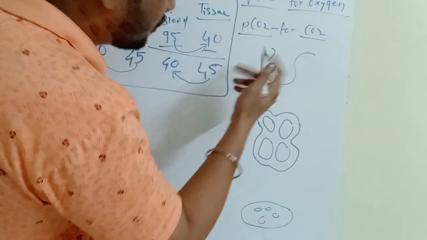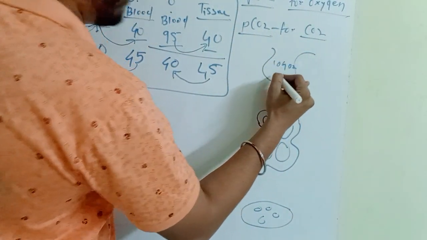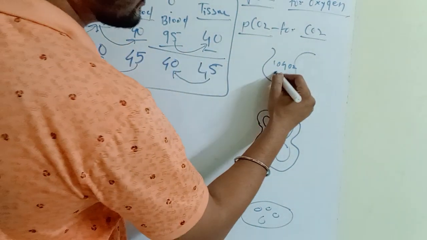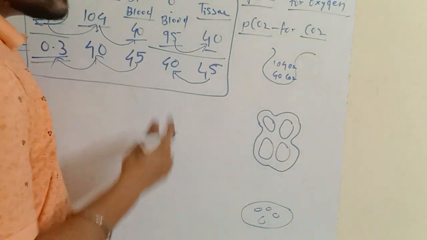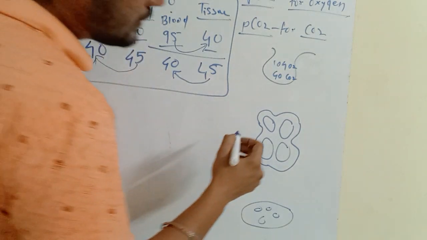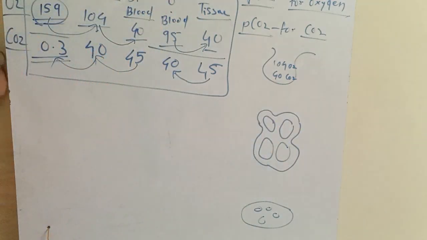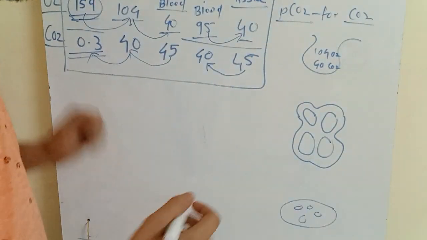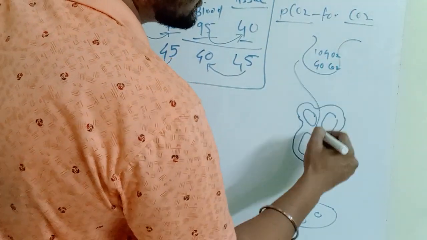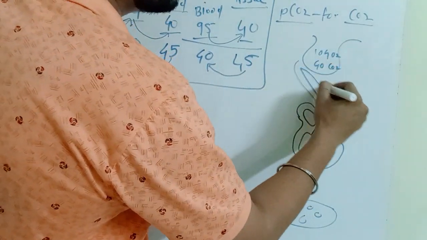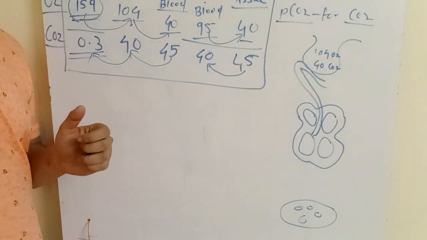We all know that the alveoli have a partial pressure of 104 for oxygen and 40 for CO2. This is the pulmonary artery. It comes from the heart to the lungs, and it brings deoxygenated blood.